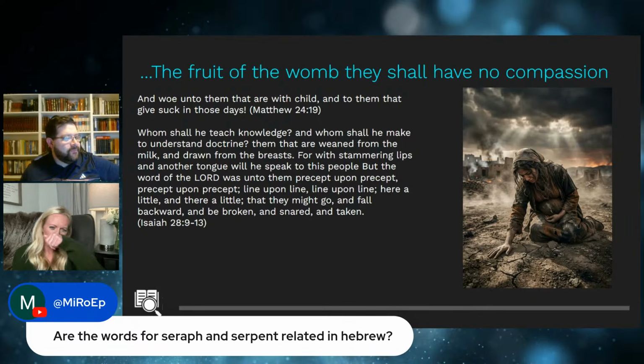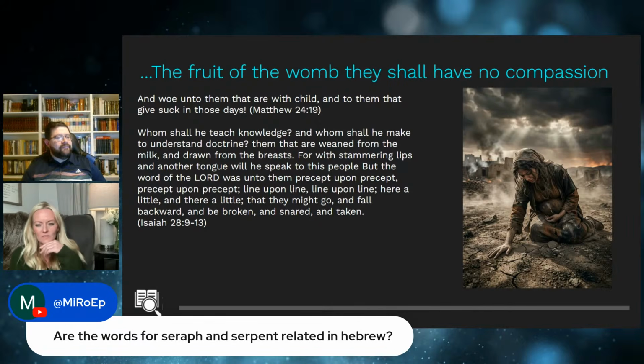Well, don't we have fiery flying biting serpents in the Book of Mormon? There's definitely some weird serpent things in there that represent that seraph category.